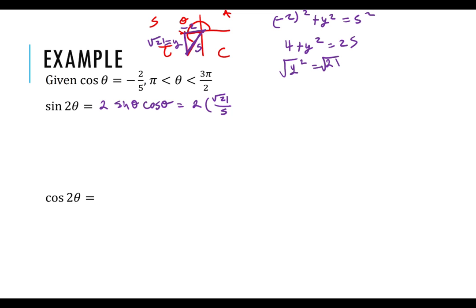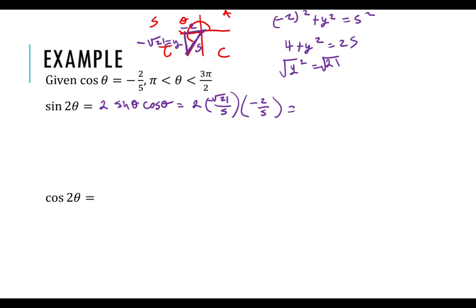Notice that I've made a mistake, and the mistake is that because I'm in the third quadrant, I know very specifically that the y also has to be negative, and so that's really negative root 21 over 5. Okay, corrected. Then times cosine of theta, but we found that that's negative 2 over 5.